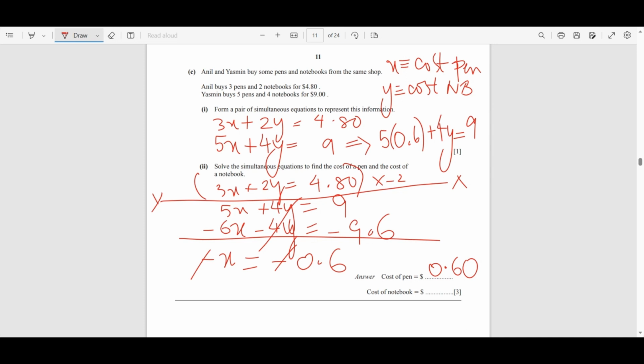Five times 0.6 is 3. 3 plus 4y is equal to 9. That means 4y is equal to 9 minus 3, which is 6. And then 6 divided by 4 is actually 1.5. So I'm not only going to write 1.5, but 1.50 because it's in dollars and we need to write two decimal places.